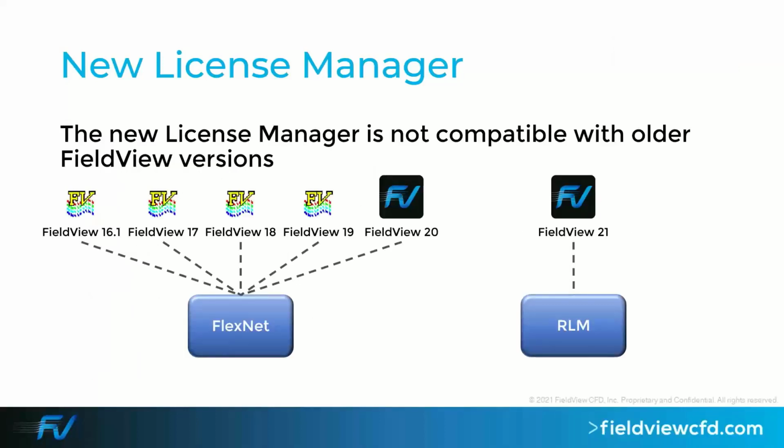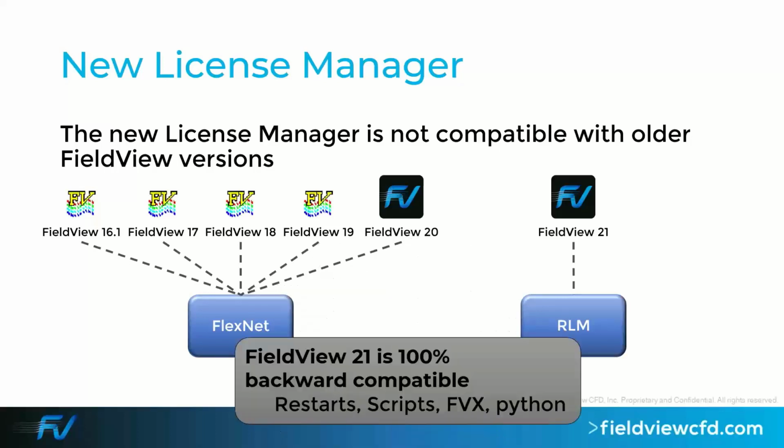Oh, yeah, I forgot one more piece of information on the license manager. Because of that switch, we had to make a cut. That means that previous versions are not compatible with the new license manager. Only FieldView 21 is. So as you get your new keys, we will be asking you to make the jump and move on to FieldView 21 and delete your old passwords.